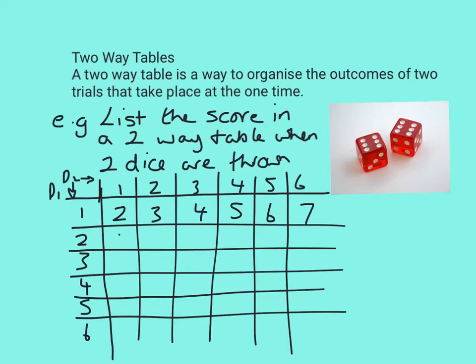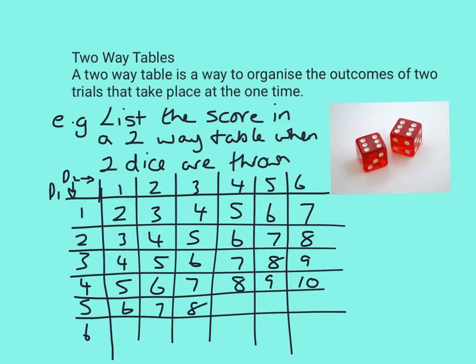So 2 and 1 is 3, 4, 5, 6, 7, 8, then 4, 5, 6, 7, 8, 9, then 5, 6, 7, 8, 9, 10, then 6, 7, 8, 9, 10, 11, and then 7, 8, 9, 10, 11, and 12. Okay, so that's our scores.